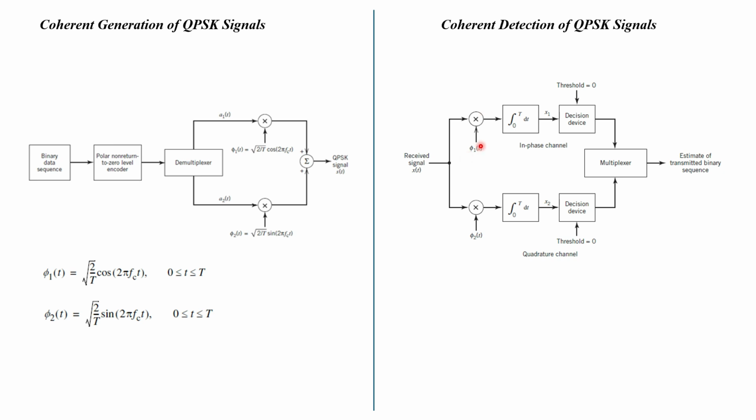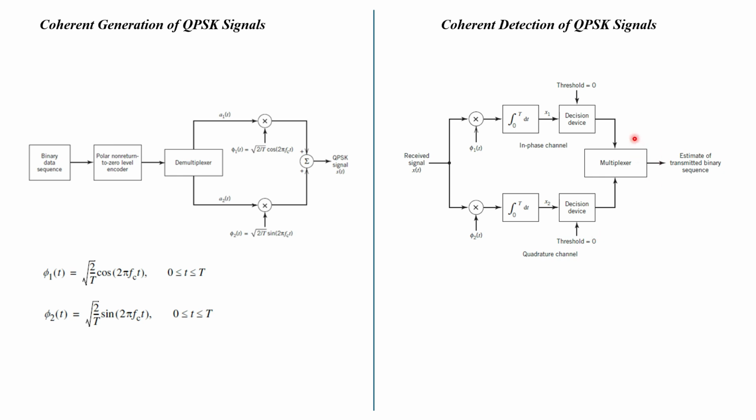Now we are applying the signal to the integrator in order to generate the values x1 and x2. This value is compared with the zero threshold value of the decision device. Here there is a multiplexer. If x1 is greater than 0, the decision device will generate 1 here, and the decision device will generate 1 here if x2 is greater than 0.